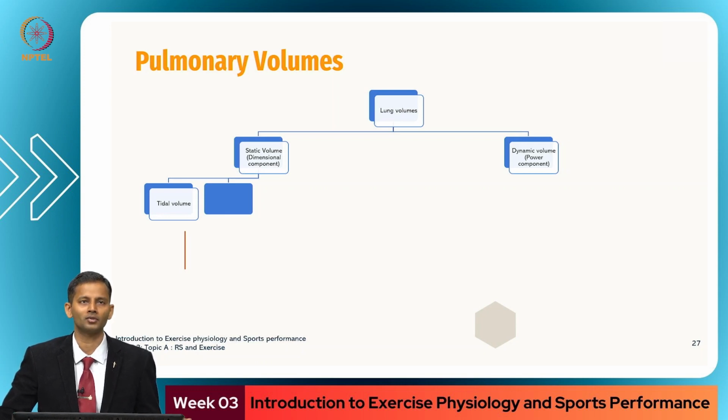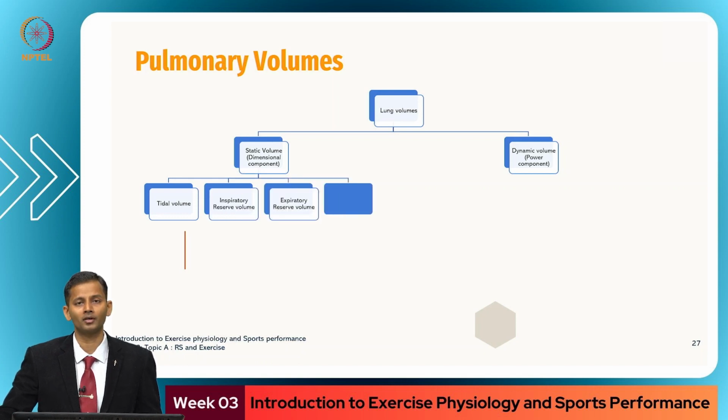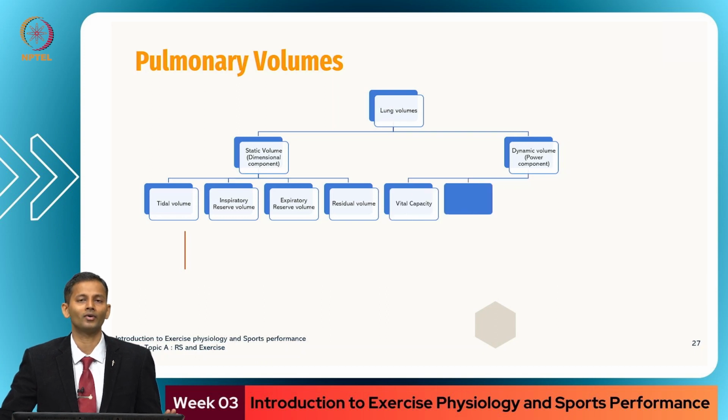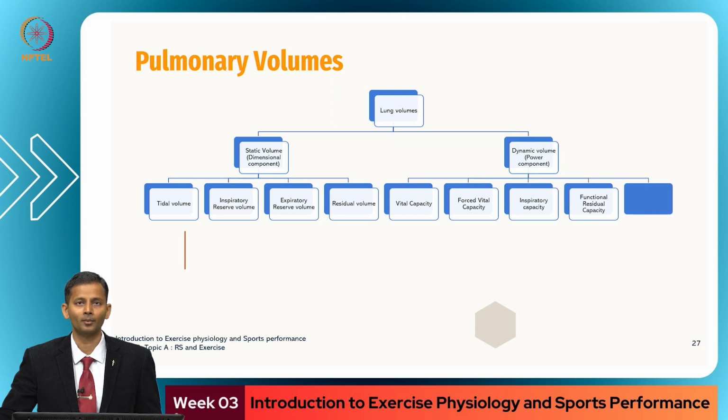The static volumes are divided into tidal volume, inspiratory reserve volume, expiratory reserve volume, and residual volume. The dynamic volume is further divided into vital capacity, forced vital capacity, inspiratory capacity, functional residual capacity, and the total lung capacity.